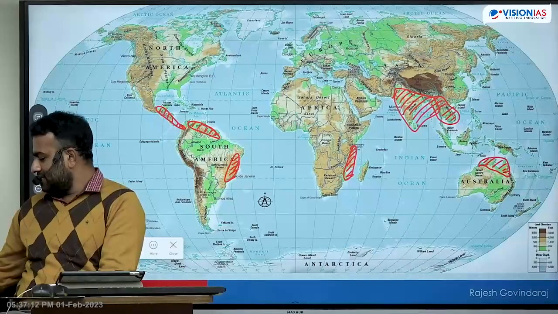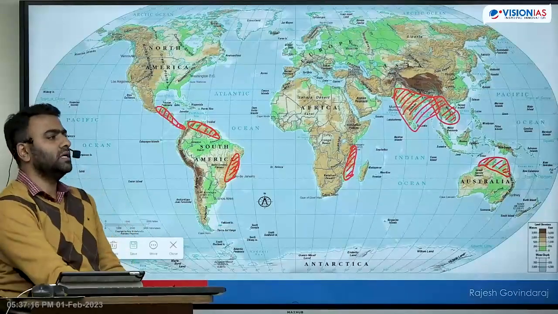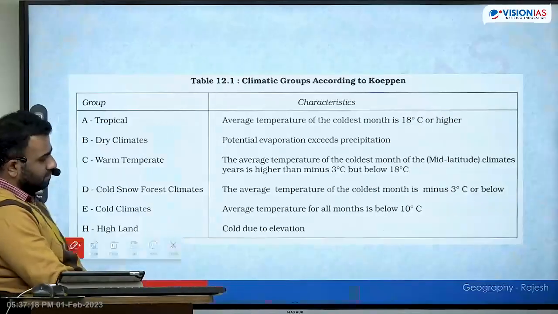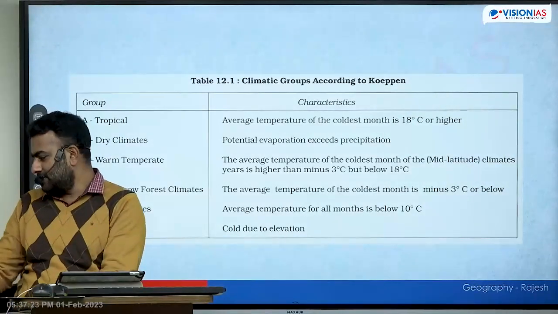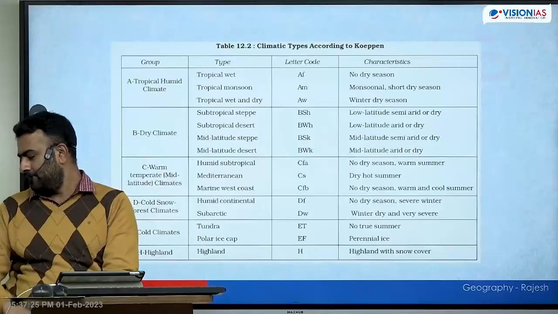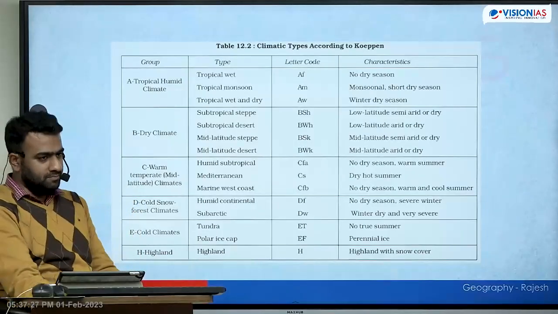Köppen's climatic classification बोलते हैं. He classifies the entire world into different major parts, and each of the major parts are classified into smaller parts like this.